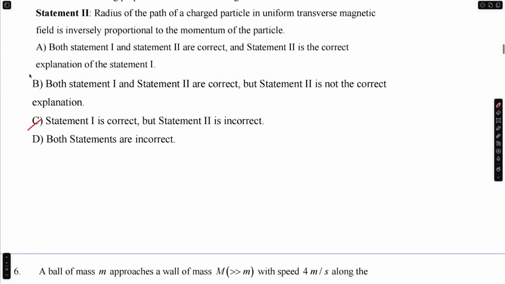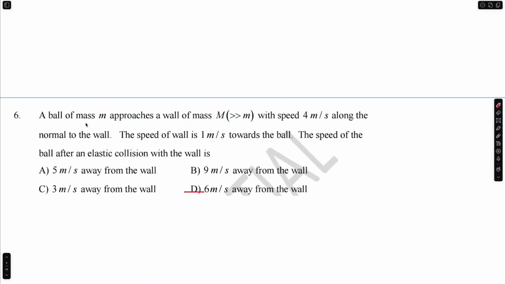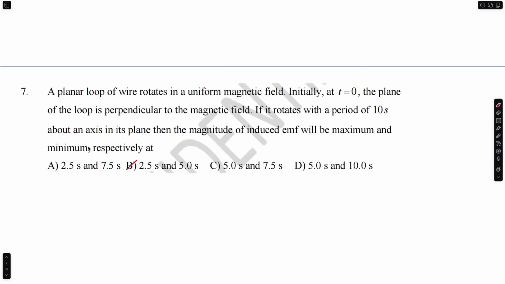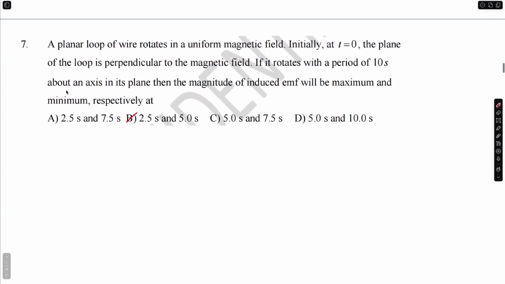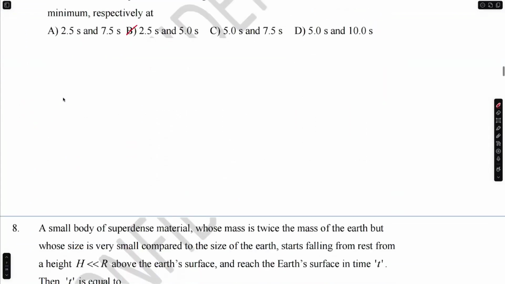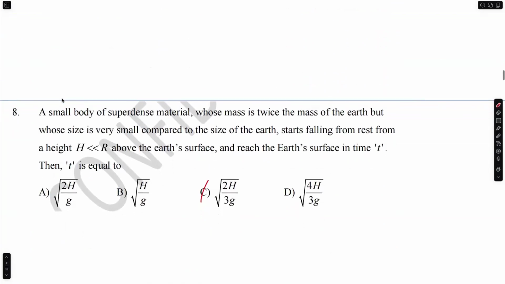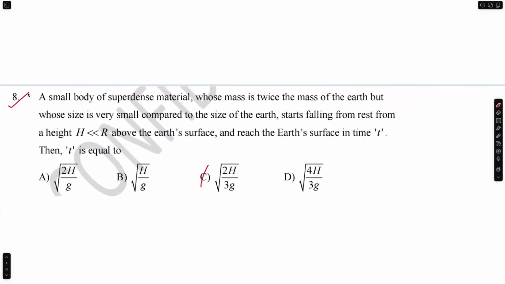Theory type questions, straight. This is also a doable question. Not much calculation is involved. It might take some time. It seems that it is a formula based question.